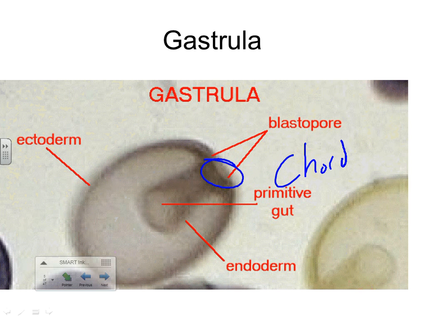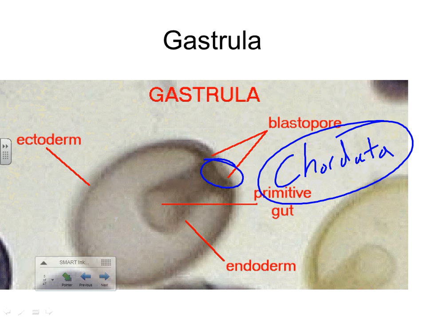So, chordates, things with a backbone, that opening becomes what? Anus. And they're called what? Because of that. Deuterostome. What does deutero mean? Second mouth. And it says mouth forms second. Other than chordates, what other group of animals includes deuterostomes? Echinoderms, which are things like what? Starfish and such.